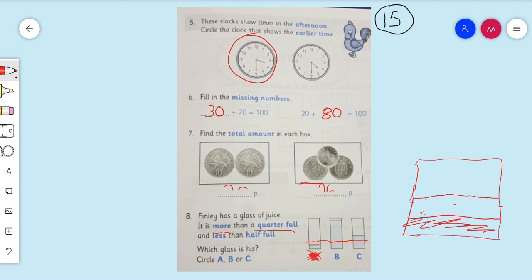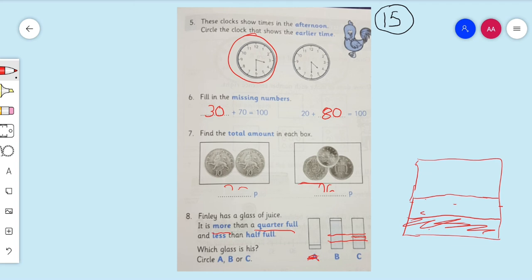So we can rub the line from this A1 here. And this one, it says and less than half full, but this is half and this is more. We can draw another line here. We can see this one is a little bit less than half and a bit more than quarter.